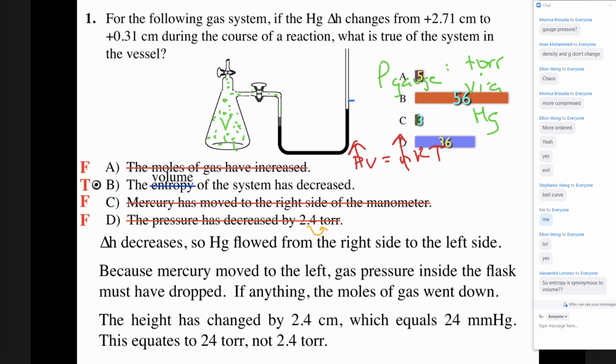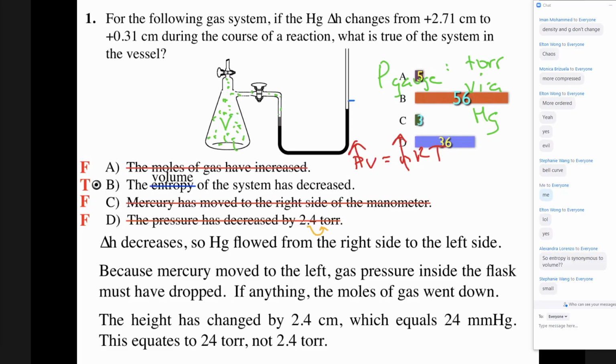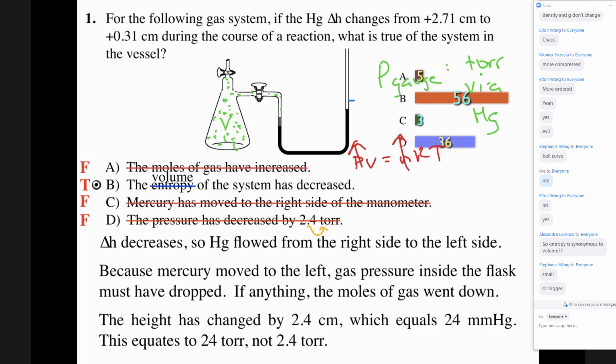If you have a messy room, where is it messier, a small room or a big room? I know it's a weird question, but the bigger your room, the more you can spread out and make your mess. If you're in a small room, you can only make the mess so much because you just don't have any room to make it. So entropy increases as we expand something. As it gets bigger, molecules are free to move to a greater area, greater volume. So therefore, they're going to be more chaotic.